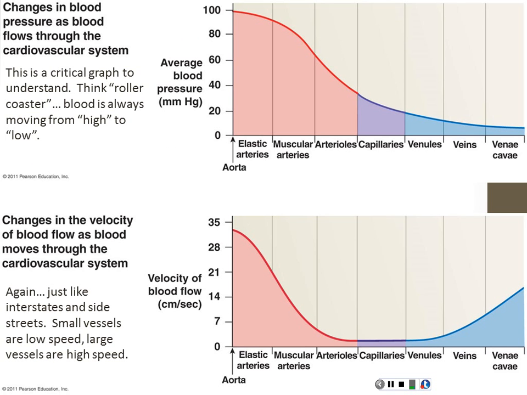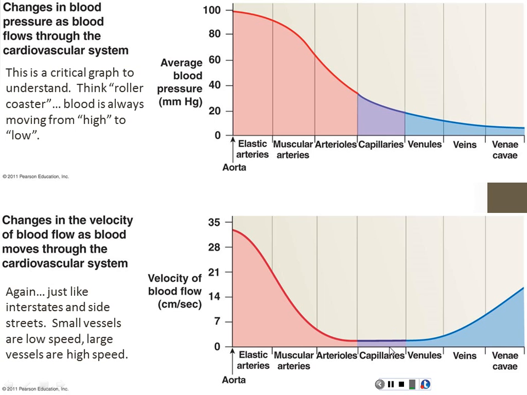But as we go out towards the smaller arteries and then the capillaries, there gets to be more and more streets, so to speak, so the traffic from the aorta gets spread out over lots and lots of streets, so the velocity falls. So the slowest blood in the body is found in the capillaries.